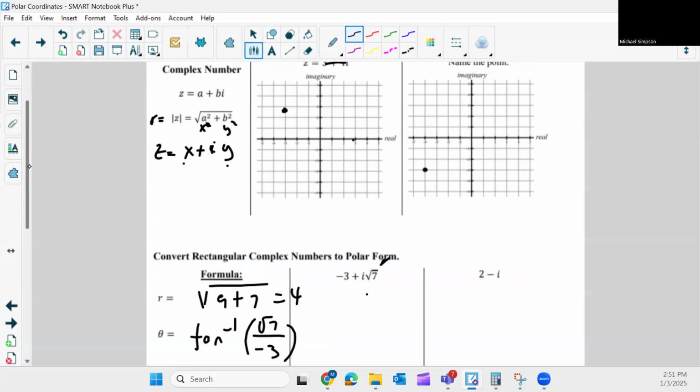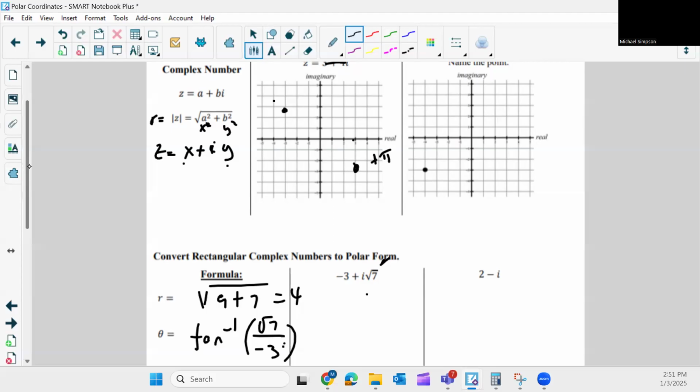Now, because this is a negative input, we know it's going to return an angle in the fourth quadrant. That means I'm going to have to add pi, because the angle I want is in the second quadrant.